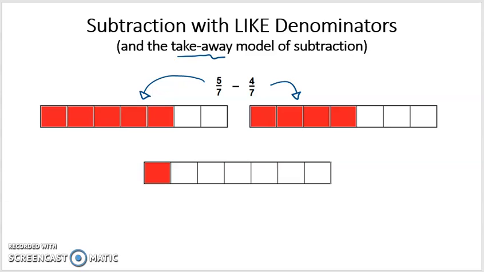So if I start out with 5/7 and take away 4/7, a brief interlude here: I think it's important to encourage your kids to think about this algebraically. 5/7, 5 things. Take away 4/7, 4 things. What are you left with? You're left with 1/7, or 1 thing. Okay, so that's subtraction with like denominators.